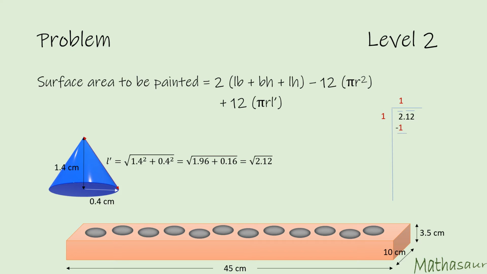I subtract that and I get 1 as the remainder. The next pair of numbers, which is 1, 2. So I have 112. Now double the quotient, you get 2. Now we need to put a number next to 2. So 24 times 4 gives us 96.